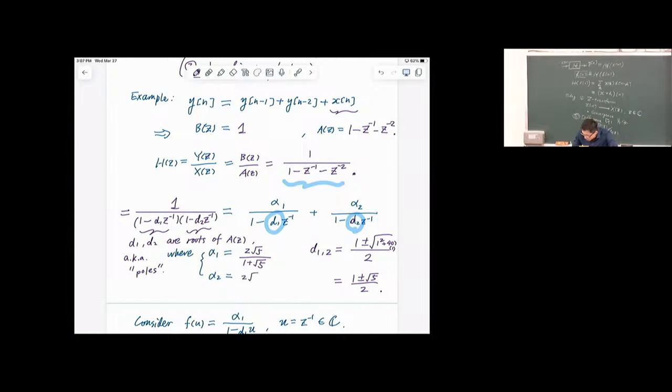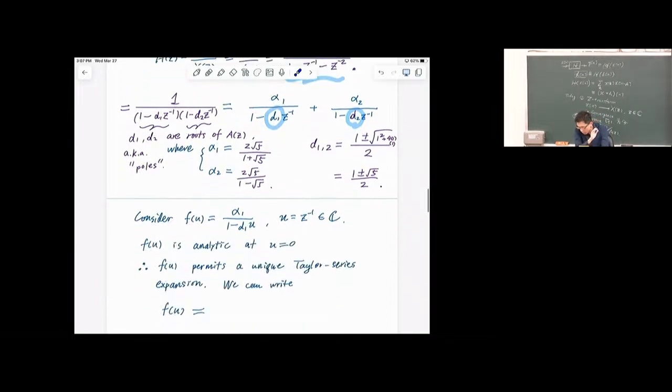But in principle, after we reach this expression, we know that d1 and d2 for sure are the two roots, and there will be no other trick. After finding d1 and d2, you can find alpha 1 and alpha 2. There are at least two different ways. I'll leave it to you. You can solve that.